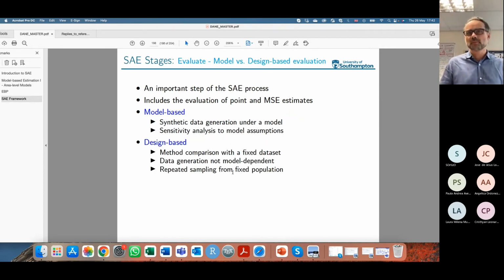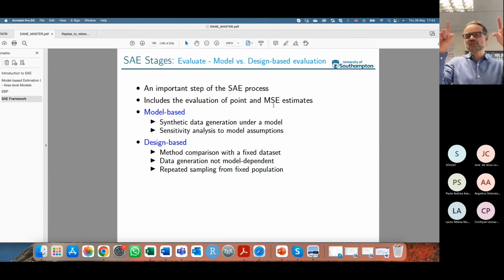And the model-based versus design-based evaluation, we have already described that. A very important step, and it includes evaluation both of point and mean squared error estimates, right? So you don't get only the proportion of poor households or poor people in a municipality, you get also the uncertainty around this estimate.